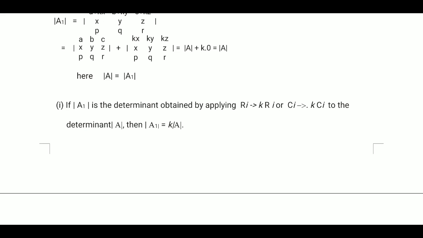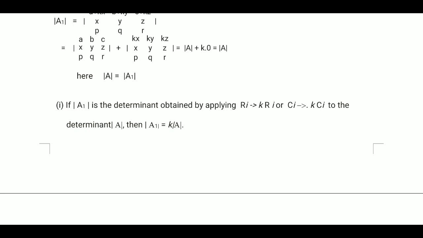Here are some results. If any determinant is obtained by applying Ri, meaning a row is multiplied by some constant, or the same process in a column, any column multiplied by some constant, then the value of the determinant becomes K times.